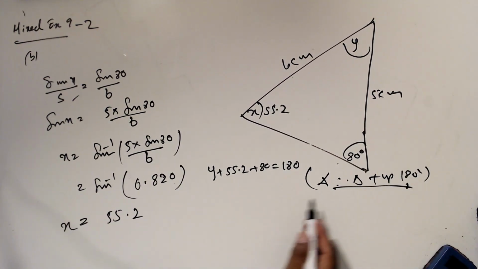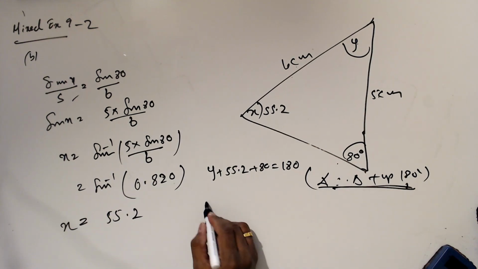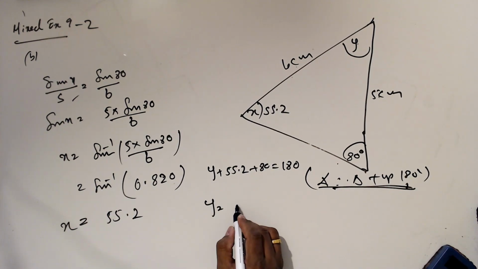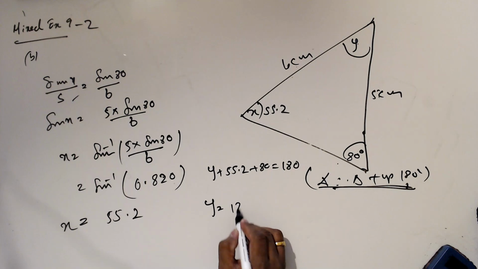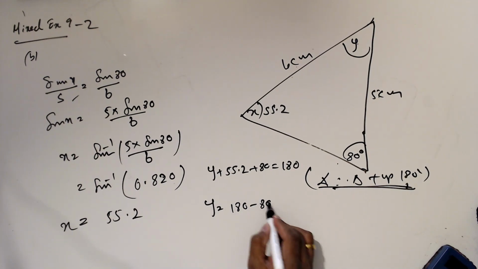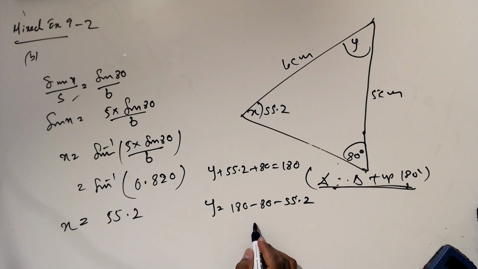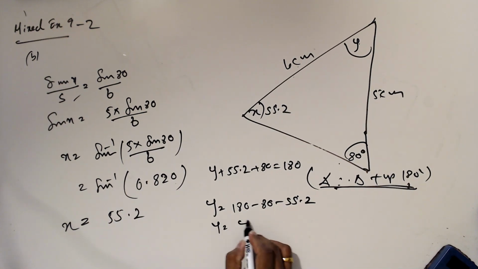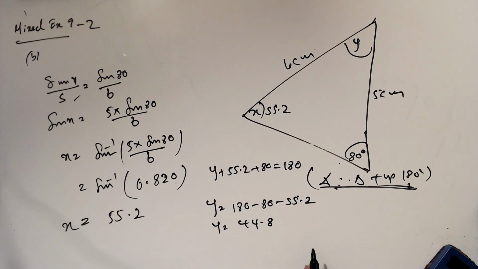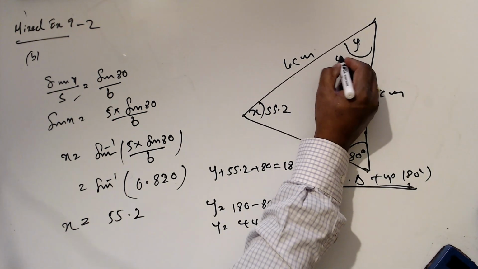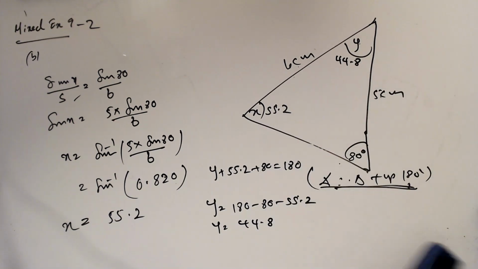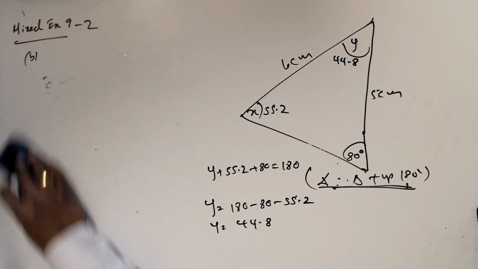Then we have to write it properly. Y equal 180 minus 80 minus 55.2. So it's going to be 44.8. So this is 44.8.